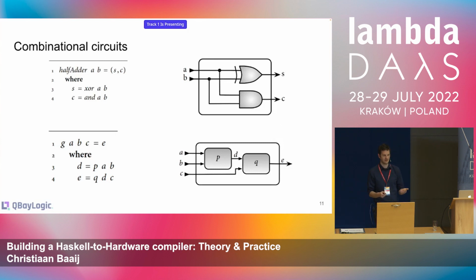So the where clause just defines the sub-expressions, and as you can see, because there's no relation between the sub-expression that defines the sum and the sub-expression that defines the carry, they can be evaluated in parallel. So that's what you see on the right-hand side. The exclusive OR gate and the AND gate are just there simultaneously computing.